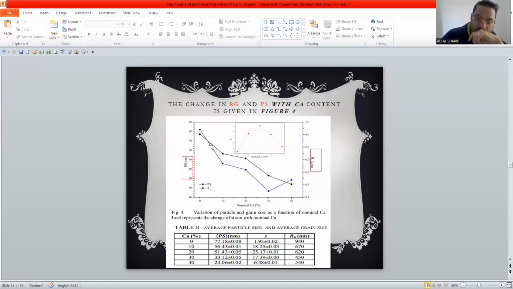For particle size, we don't have any hysteresis phenomenon. All of these results decrease slightly. And this column explains the results about the particle size and grain size.